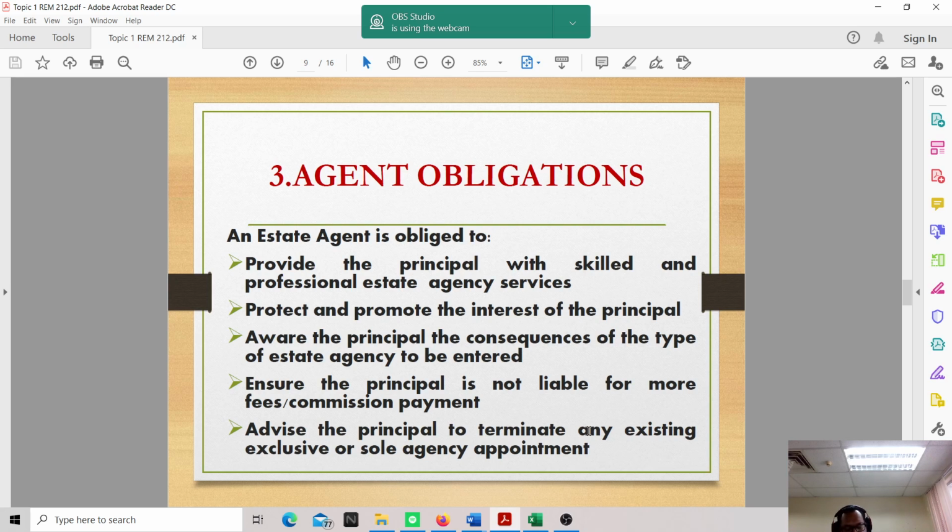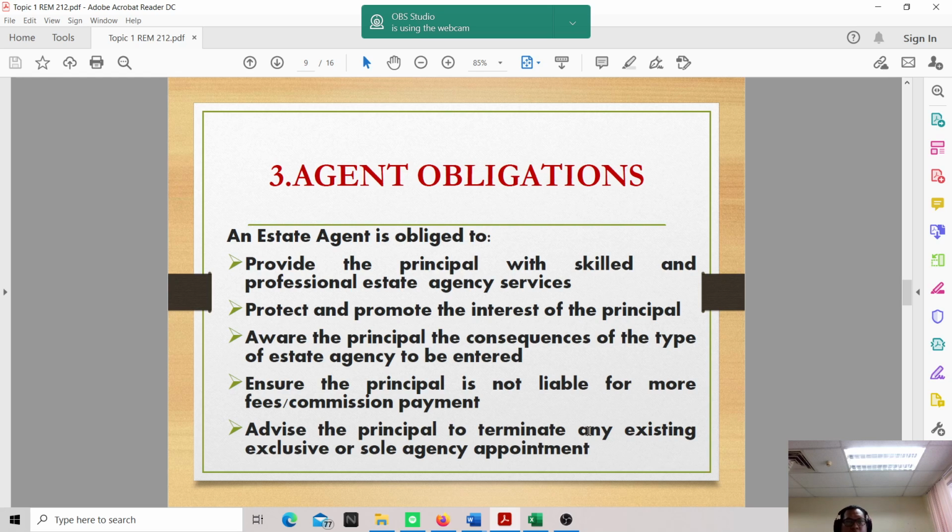So let's say the principal already has an agreement with your friend, and suddenly you have done all the work and everything, but the commission you cannot get, because in principle your friend is still appointed as an exclusive estate agent. So whatever work you have done is gone, just because of a technicality or a legal issue.